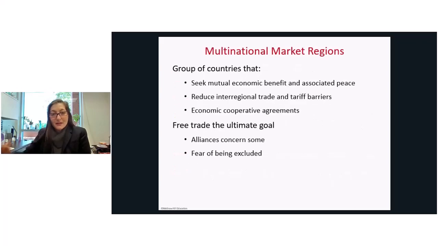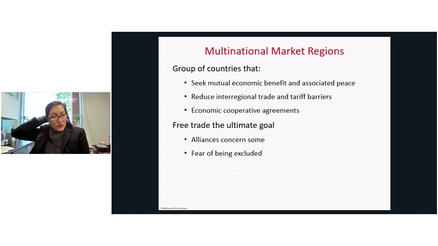All right, so let's start with multinational market regions. Multinational market regions are a group of countries that seek mutual economic benefit and civility, associated peace.